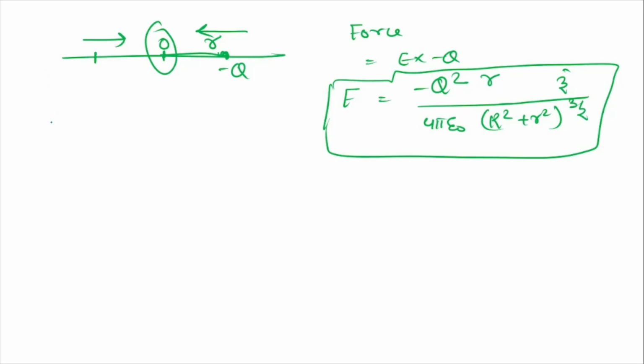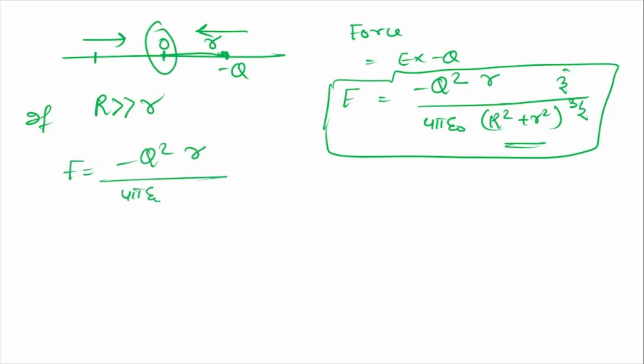And another thing is that if the radius is much larger than the distance, then in this term the r square term will be dominant. The force will be minus q square r over 4 pi epsilon naught r cube, and this is in the format of F is equal to minus kz.